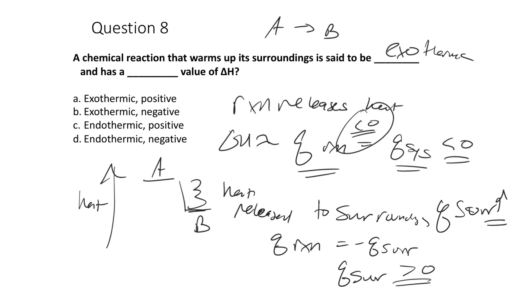Delta H falls off of the Q reaction. It's really the Q reaction for a specific quantity of the reaction. But our delta H will have the sign of negative, just like Q reaction. So exothermic is negative for delta H and for the heat change of the reaction.